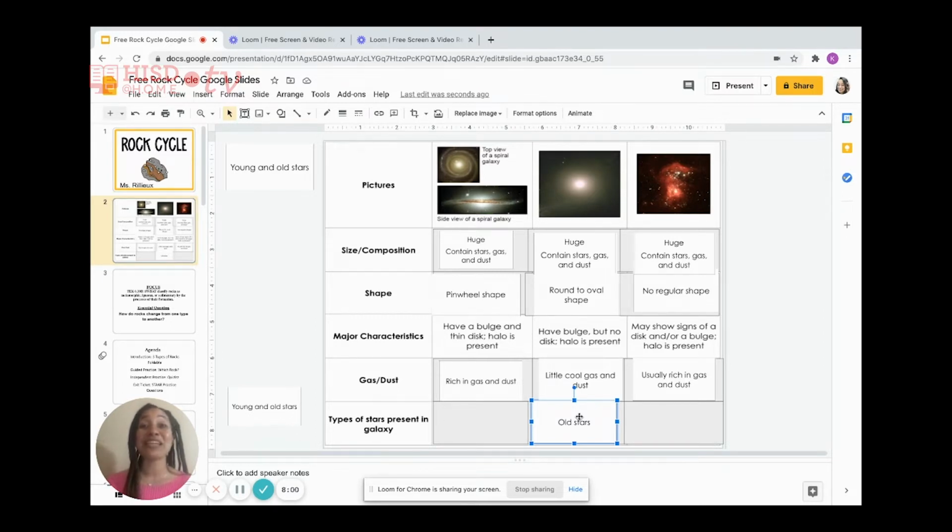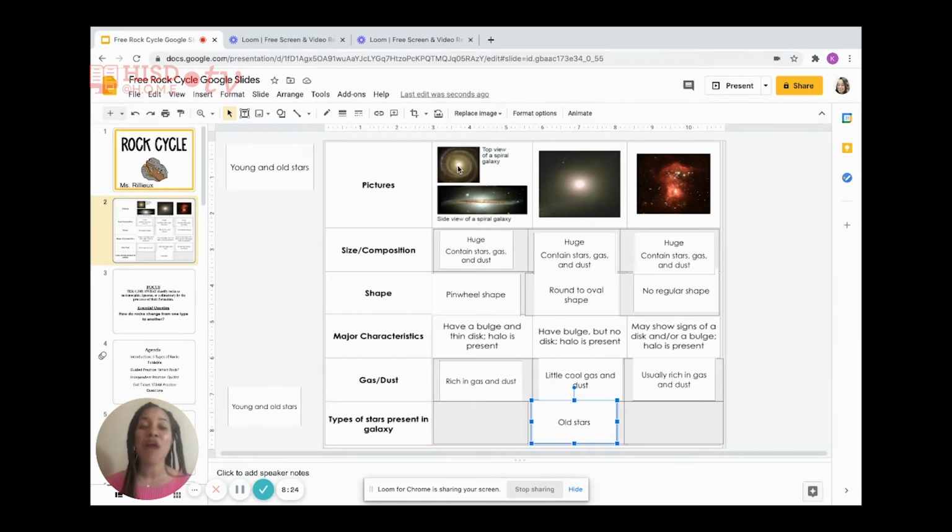Right. We would expect to see a combination of both. In our galaxy, the Milky Way, the sun is a relatively young star, and that's why it's located on the edge of one of the Milky Way's arms. But as the sun ages and gets a little bit older, we'll see that our sun moves to the center of our Milky Way galaxy.